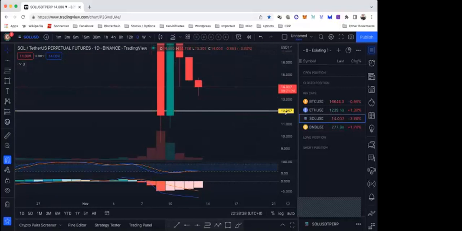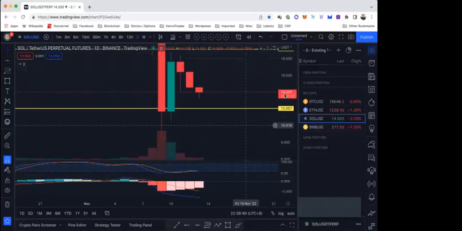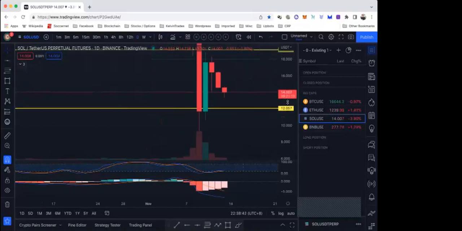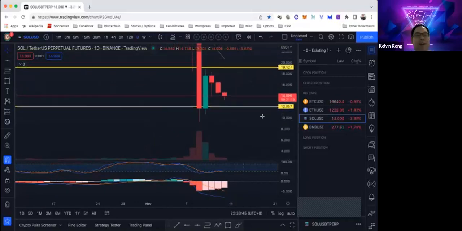So first of all, you need to find out when one day is closing: 12 midnight US or Singapore time? 8 o'clock. You see, if you don't ask, you keep quiet, you forever think it's 12 o'clock. No, it's 8 to 8. It's actually GMT 0, or UTC.